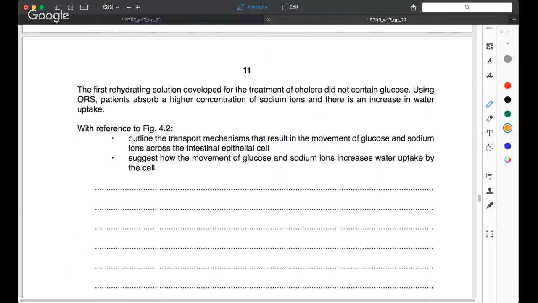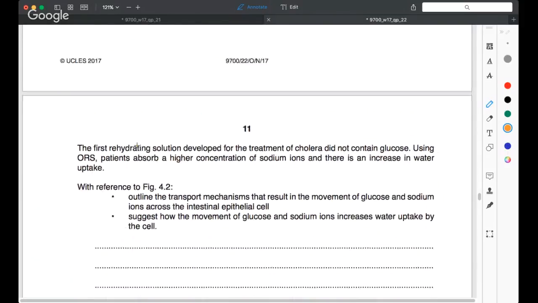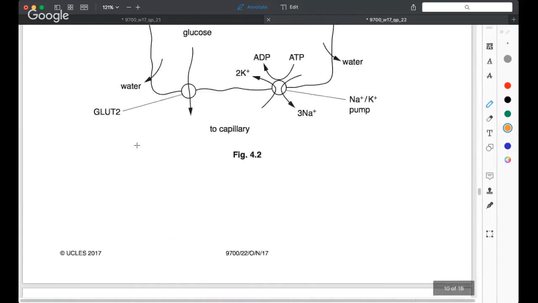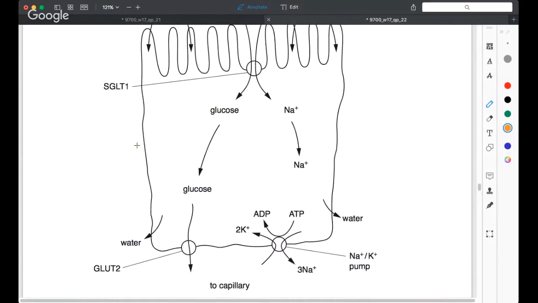Okay, so outline the transport mechanisms that result in the movement of glucose and sodium ions across the intestinal epithelial cell. So for sodium ions, they're actively transported and pumped through a carrier protein. So they're pumped into the cell.